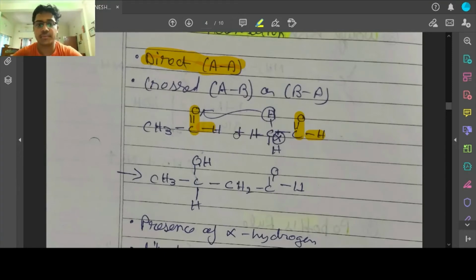So the first step is to take any one of them, because both are similar. Take any one, it doesn't matter.